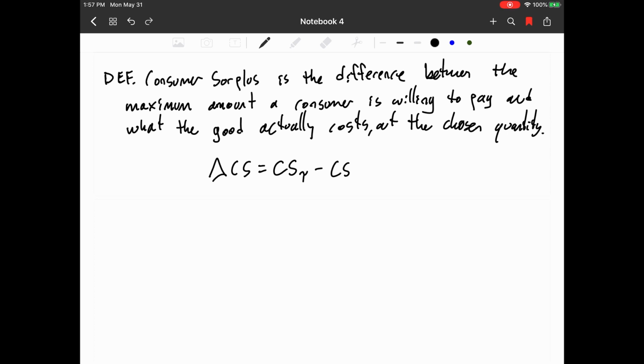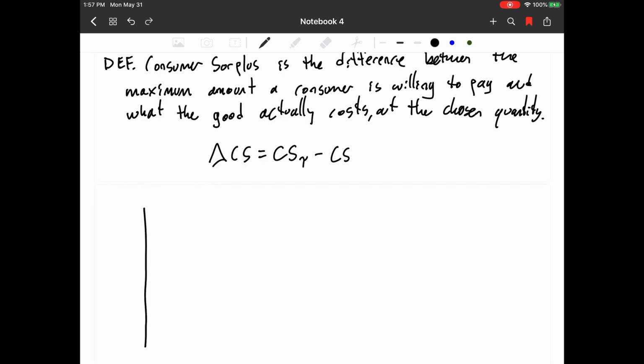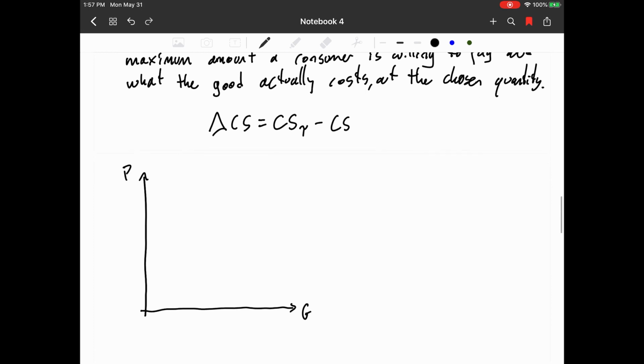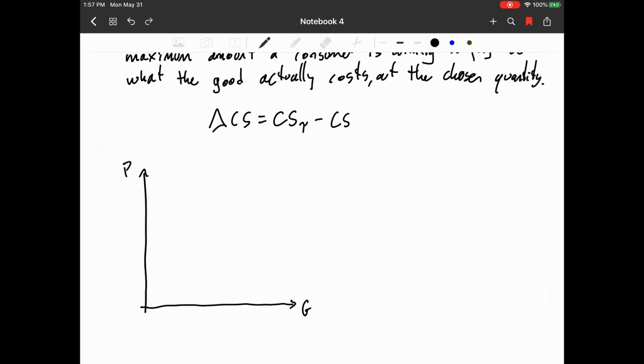So let's set this up in the way that looks familiar. On the vertical, we have price. On the horizontal, we have quantity, which is what we've been calling G. And we have our demand curve, which looks like this.